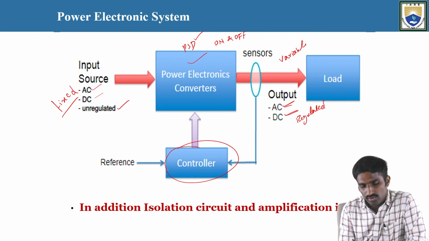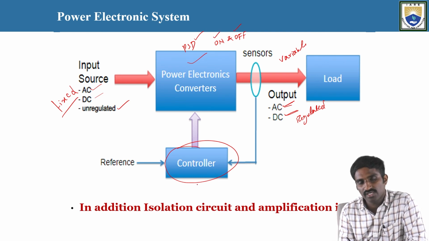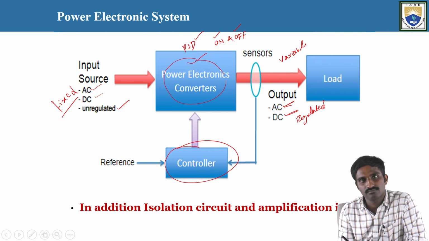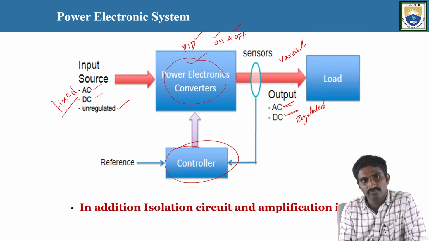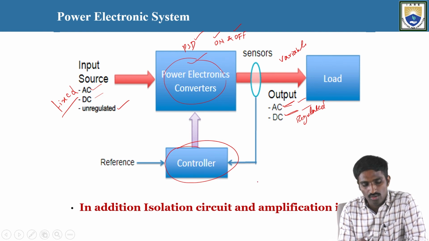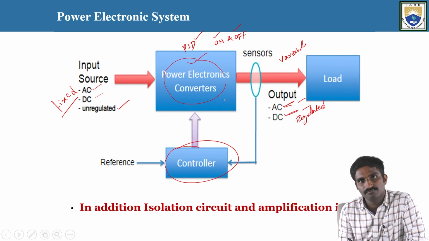But here the controller is required to control the turn on and turn off of the power semiconductor devices in the power converters. Okay, so by controlling this turn on and turn off, we can regulate the output voltage, which means the output supply. That is how we can control the output supply of the power electronic converter.